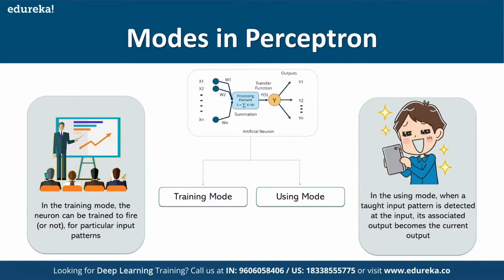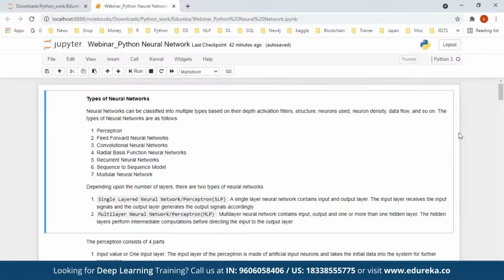Now moving ahead, we'll try to see a particular example that I have built for you. A couple of things which you need to know. Types of neural network: it could be a perceptron, in which you do not have any hidden layer. It could be a feed-forward neural network, remember artificial neural network, in which we have feed-forward and back propagation. Convolution neural network, in which you are using image data and convolving images.